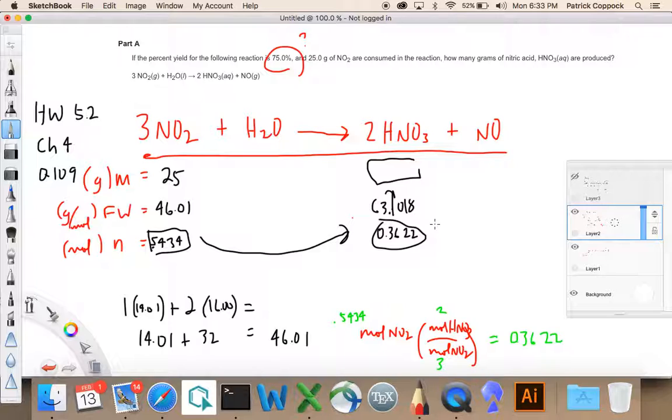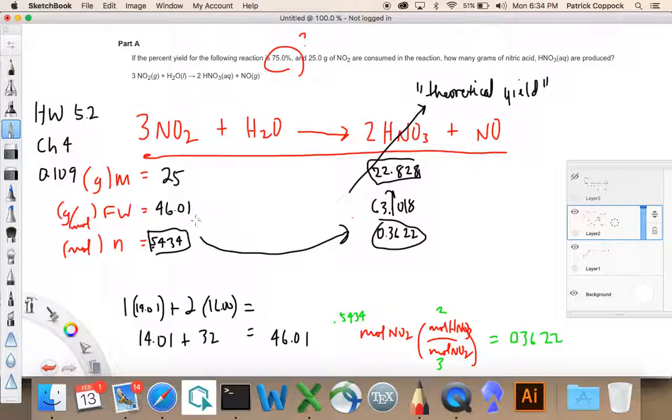0.3622, which gives 22.828 grams. This is how much I would get in a perfect world. By the way, this right here is my theoretical yield. The question doesn't use the term, but just to remind you, theoretical yield. Now my actual yield is 75% of that.